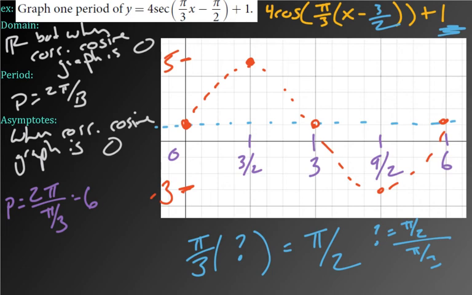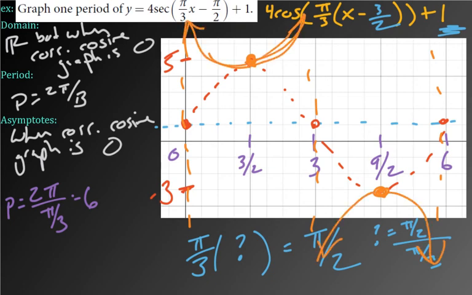So to get the secant, all you've got to do, it's actually really quick, is this: wherever there were these zeros, the things on the midline, you're going to have vertical asymptotes. Put those in. Then these max and min points would be shared, and then you just draw in a curve from that, okay?